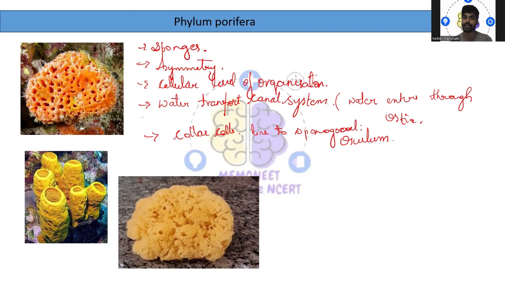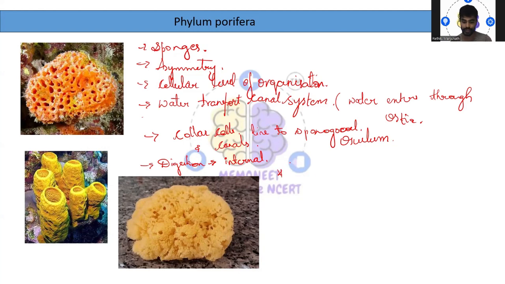You will see these collar cells lining the spongocoel, which is present internally, as well as the canals. And when it comes to digestion, it will be intracellular digestion. So these are some of the major points of the phylum Porifera.